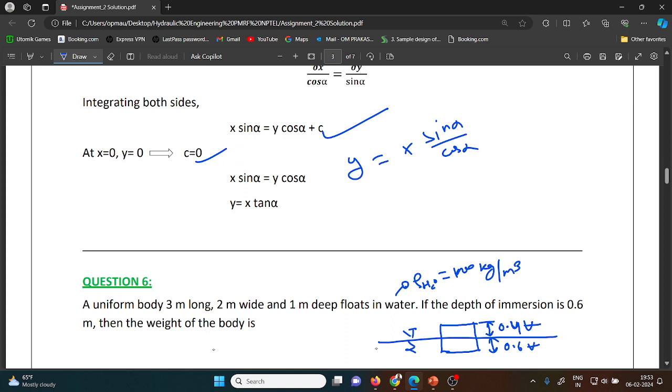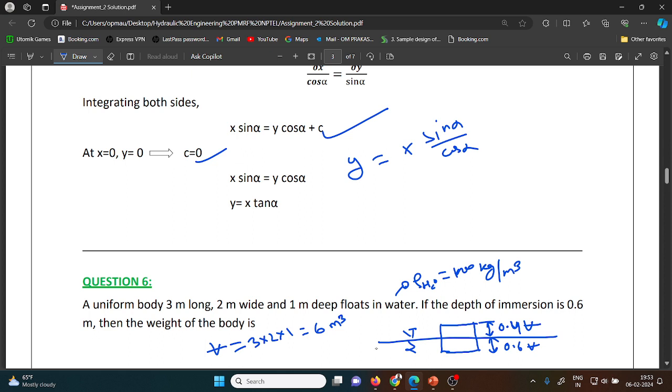The volume of the body is 3 into 2 into 1, that is 6 meter cube. Now you will calculate the weight of the body.